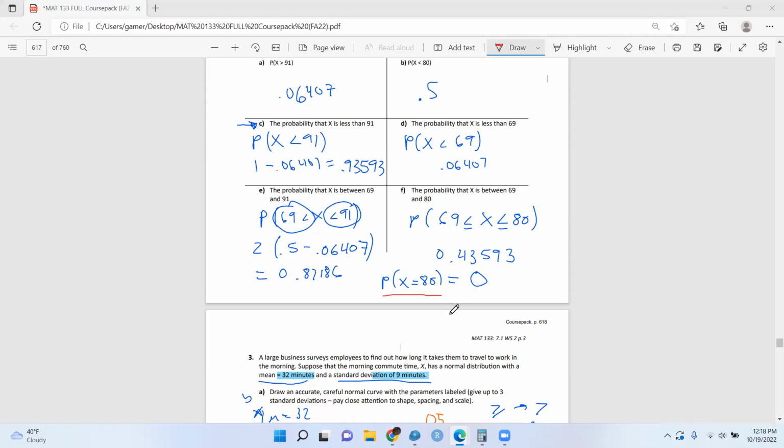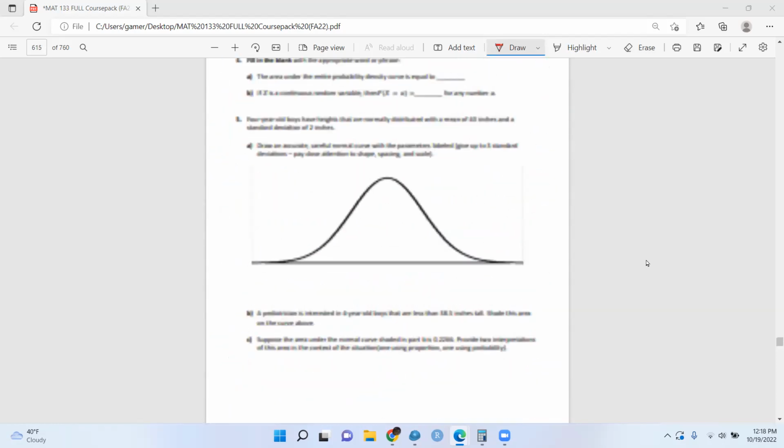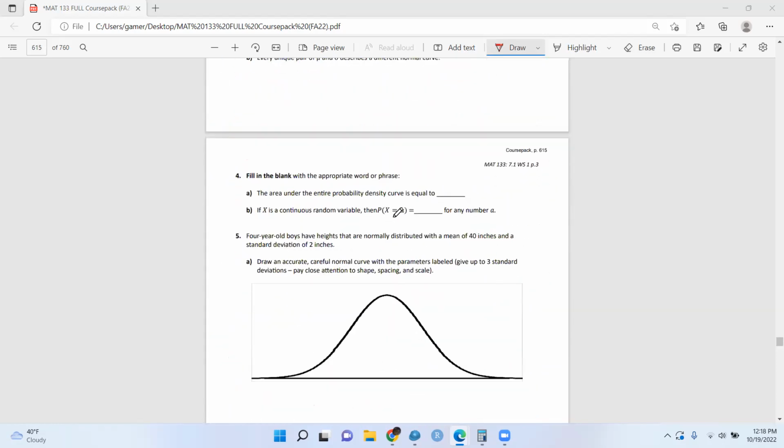Yeah, Kayla, you got it. Anytime we ask for it to be exactly equal to a number, there's zero chance of that happening. Yeah, that's very mathy language. Plus, there should be a space right here. Cool, good.